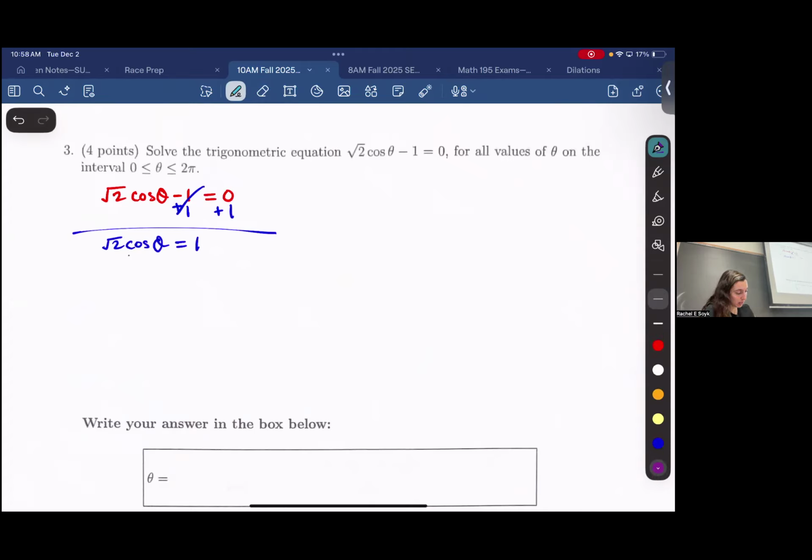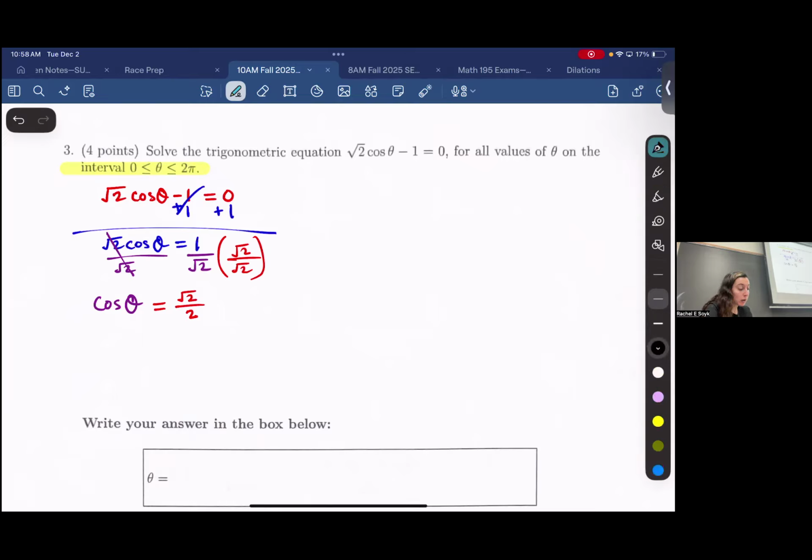And divide both sides by square root of 2. And then you're going to want to rationalize that denominator by multiplying by square root of 2 over square root of 2. So you get cosine of theta is square root of 2 all over 2. And they tell us that we're looking for all values of theta between 0 and 2 pi, between 0 and 360 degrees.